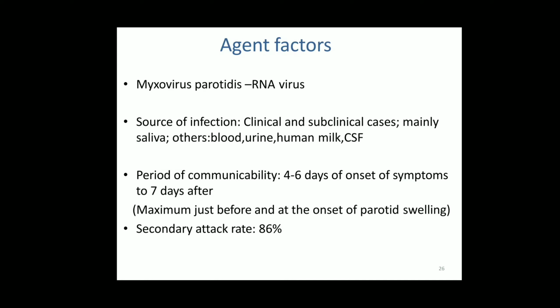Before he exhibits the symptoms of mumps, he is already a source of infection, from 4 to 6 days before, and after the onset of symptoms he is able to infect other persons for another 7 days. Maximum is just before and at the onset of parotid swelling.